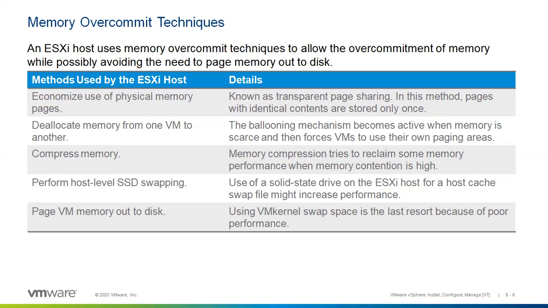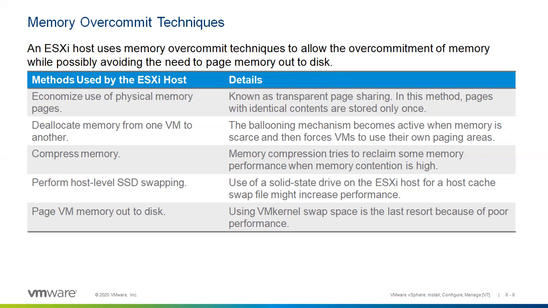For example, I am running 10 VDIs, and under those 10 VDIs the operating systems use the same kind of files, so it will allocate from the same memory page. That's called transparent page sharing. In that way, memory can be used more economically.